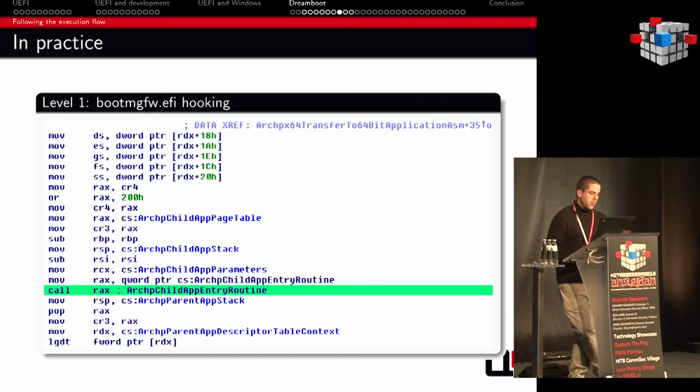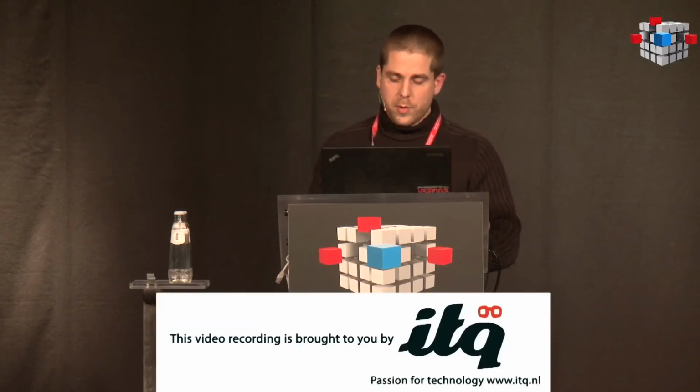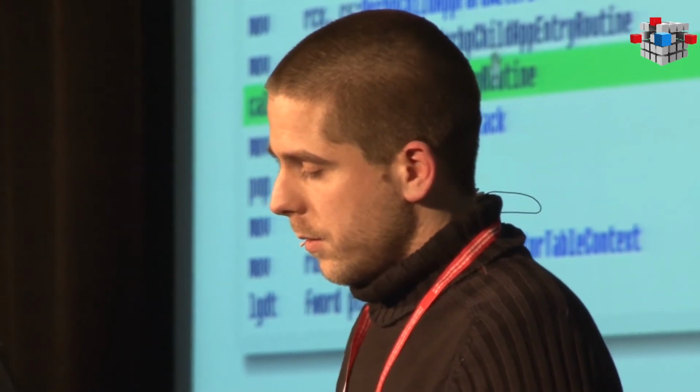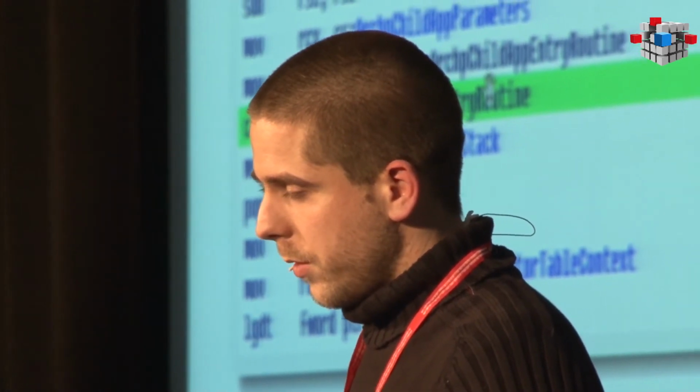Just before, a new IDT and GDT are initialized, and the CR3 and CR4 registers are used for memory management. So we just patch this call to go into our code, and from our code we will directly call the WinLoad entry point.